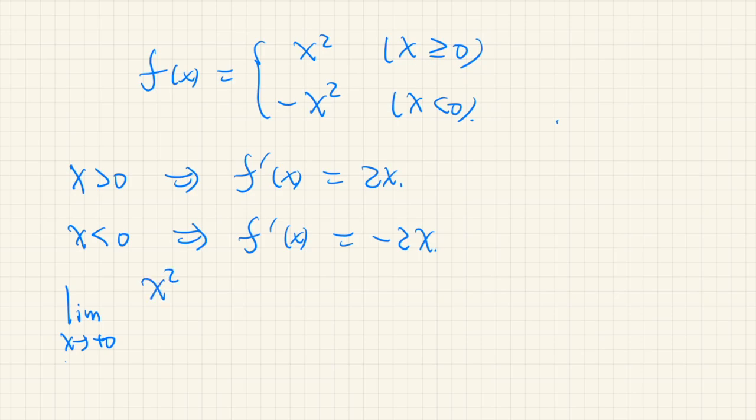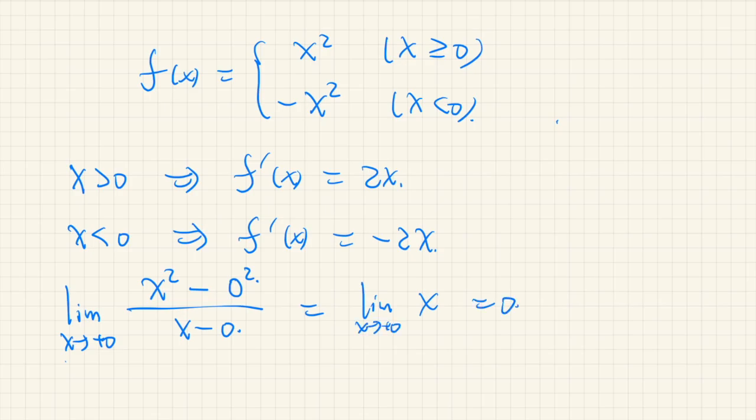Since we are considering the derivative at x equal to 0, we consider 0 squared, divided by x minus 0. And this is just the limit of x, since x squared divided by x is just x.